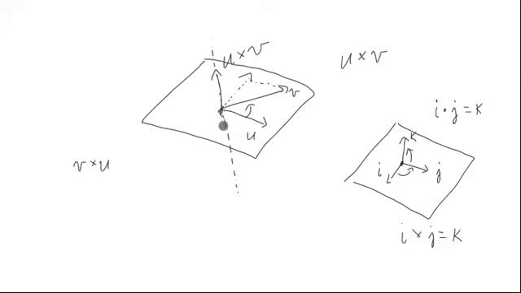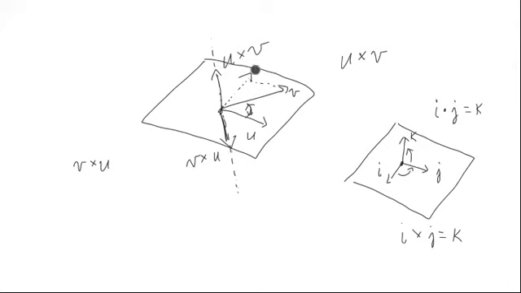So v cross u would be going down that way. If you think about that one more time, if we had v first going the opposite direction, so flip-flop, that would come down around and be upside down. Okay, so that's a way of picturing which direction u cross v is going to go.